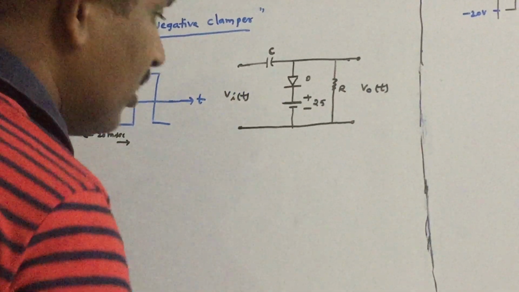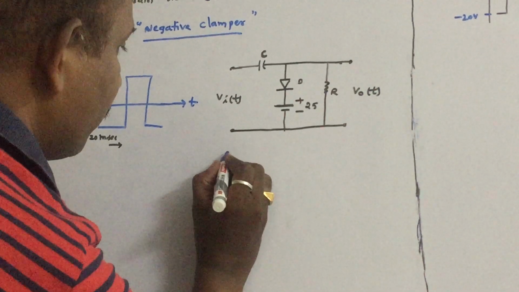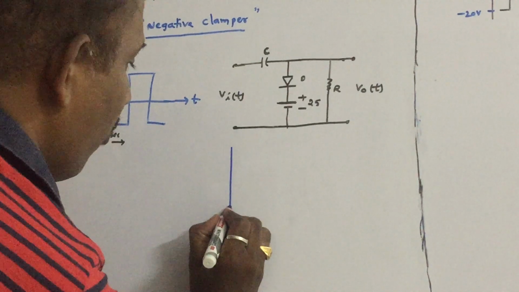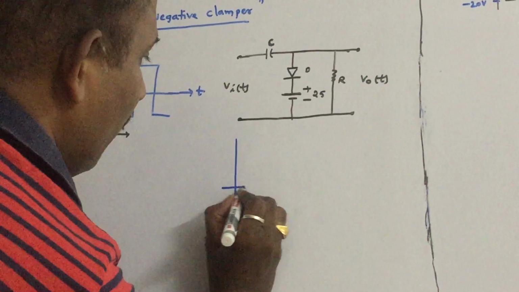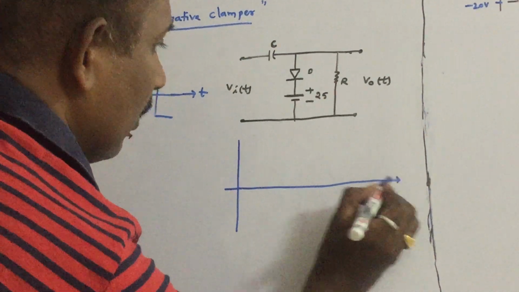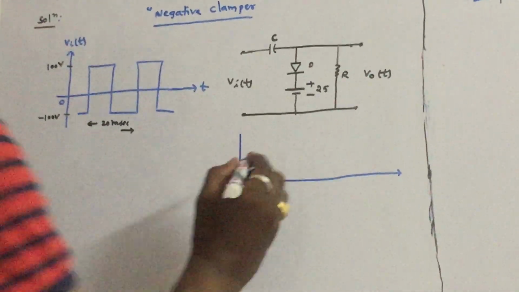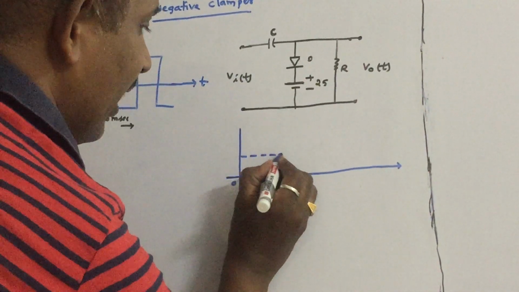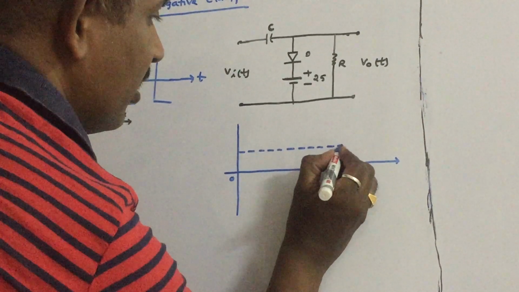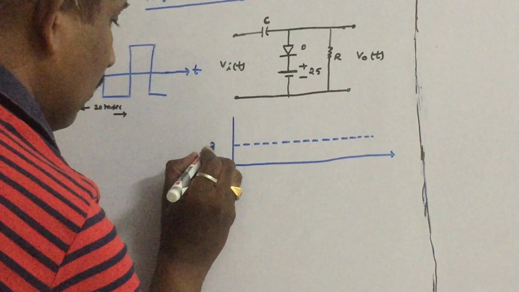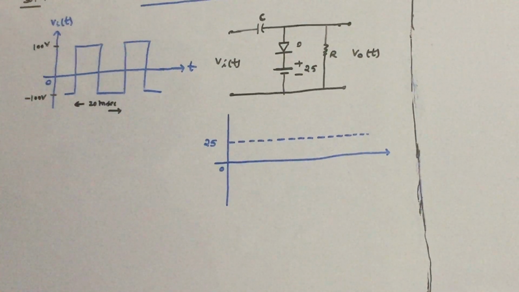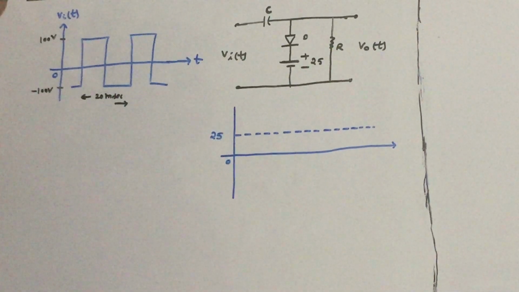So what is the output? You can clearly check that. So what is the output waveform you have to draw? So you have to draw 0, 0. Just draw the reference line 25 volts because it is given as 25 volts. Clamped at 25 volts.